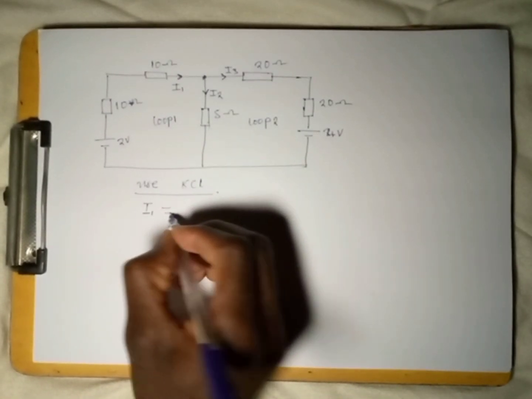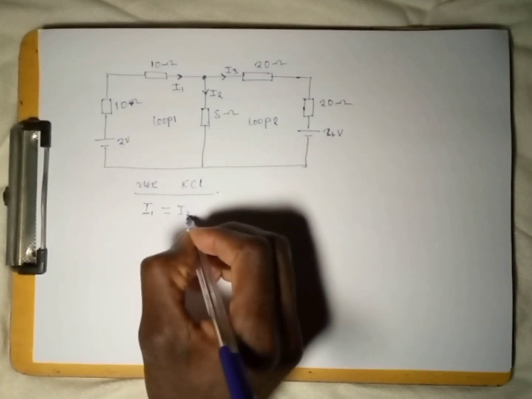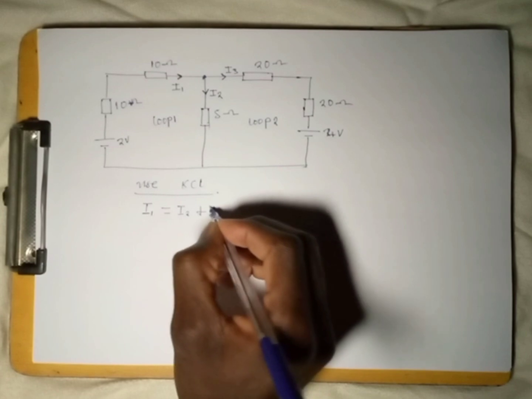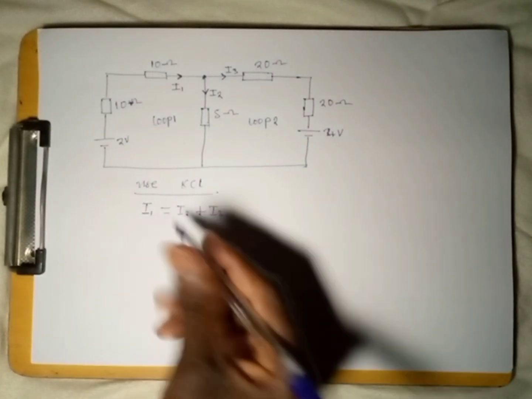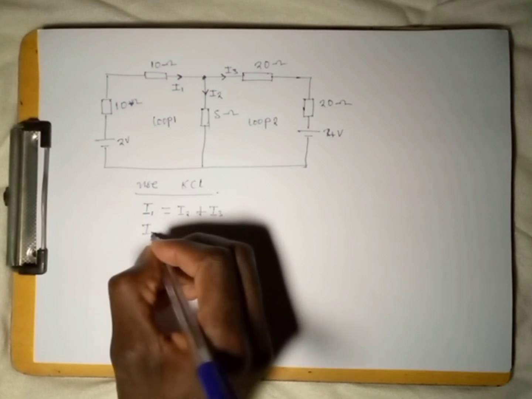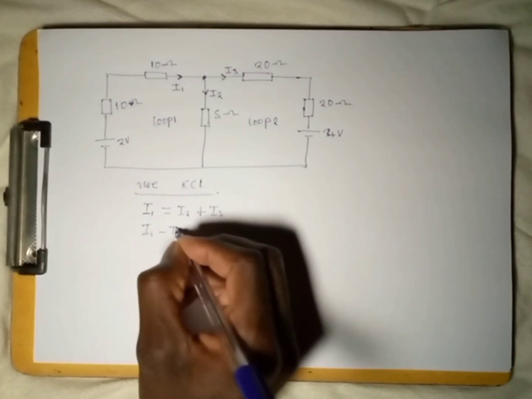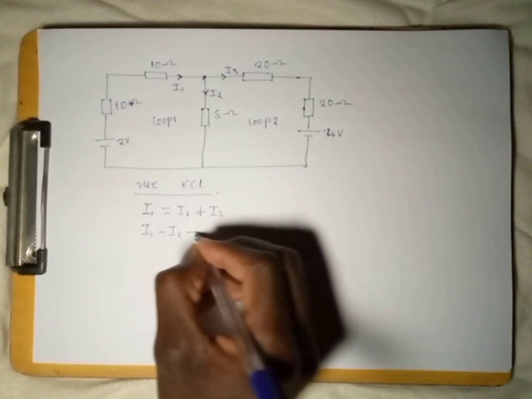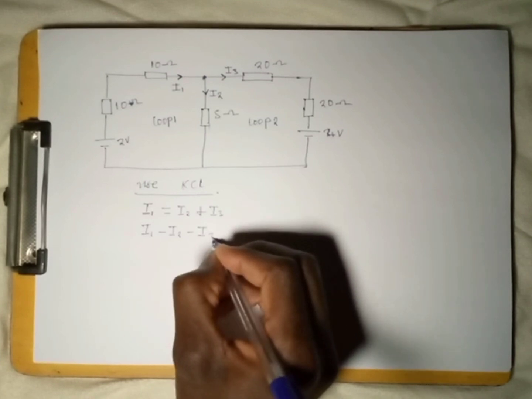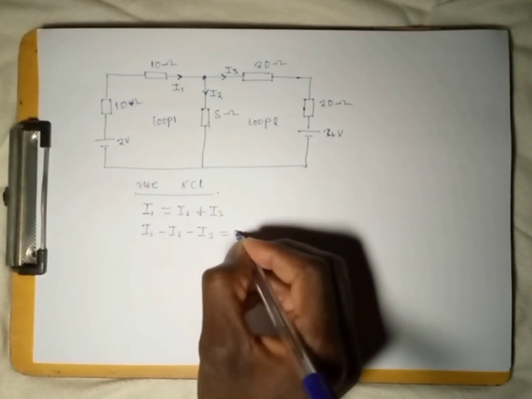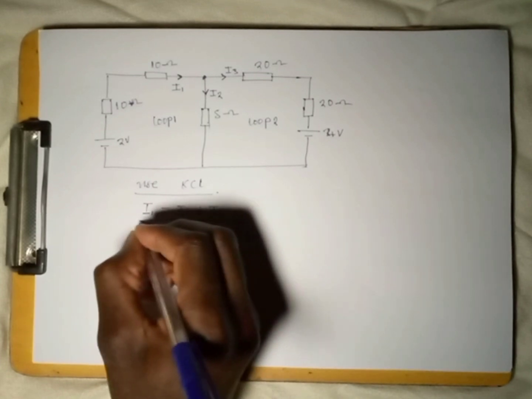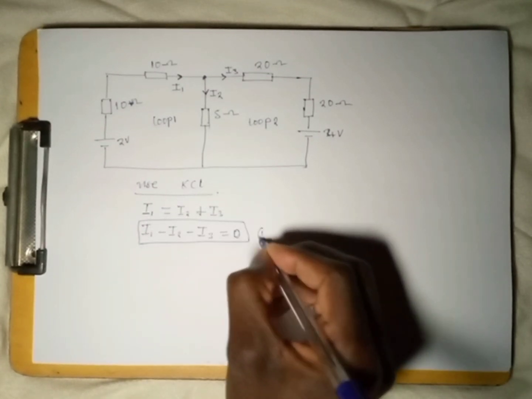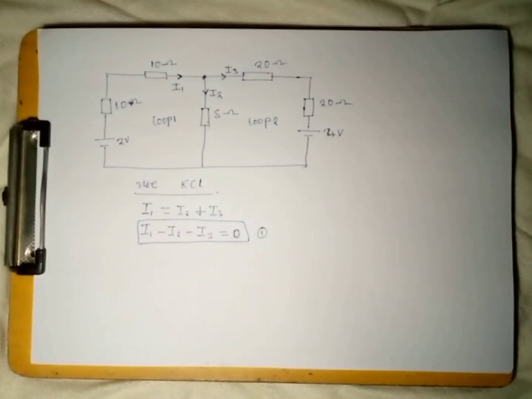So I1 equals I2 plus I3. In other words, this can also be written as I1 minus I2 minus I3 equals 0. And this is going to be your first equation, equation number 1.